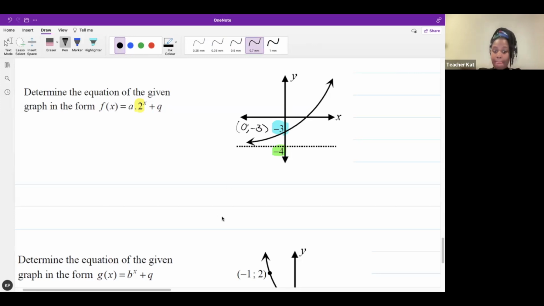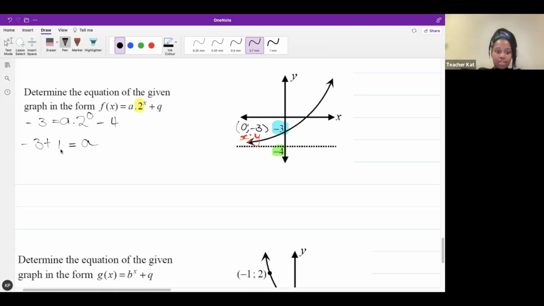Oh, all right, so let's get going. I'm going to substitute all of them at once, okay? So this is my x, the 0, and my y is -3, which means I'm going to say -3 is equal to a times 2 to the power of 0 minus 4. Okay, I move my -4 over, so I have -3 plus 4 equals a.